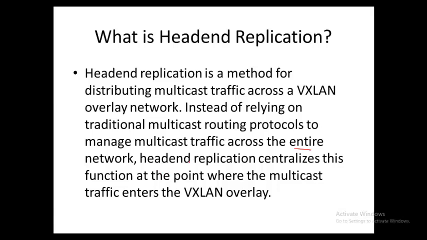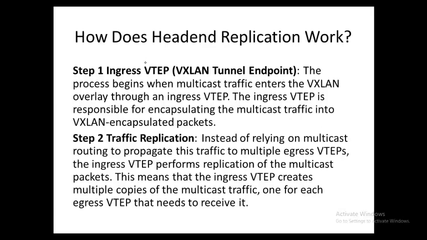How? It creates multiple copies of the multicast traffic, one for each egress VTAP, and sends them into the tunnel. Encapsulation happens on the ingress router for each copy, and the copy reaches the appropriate egress router where it gets decapsulated, and then based on the IP, the packet gets delivered to the destination.